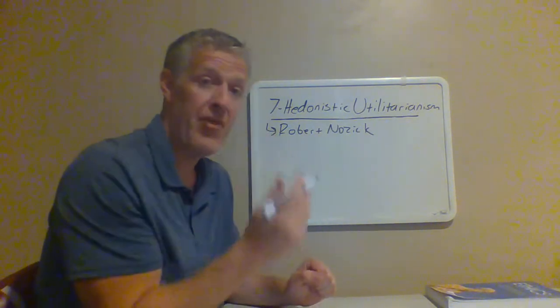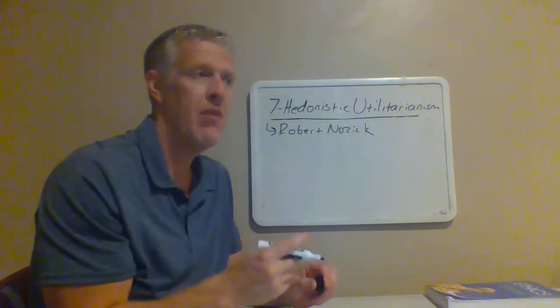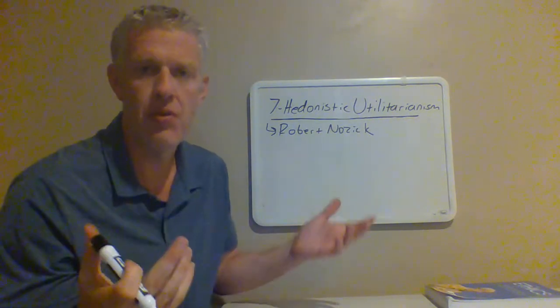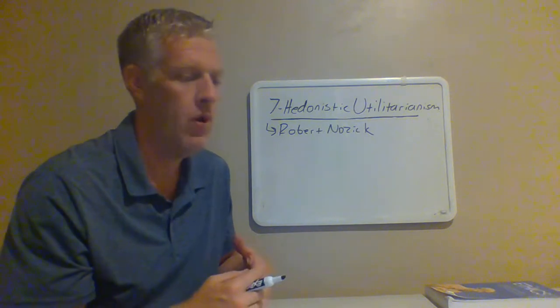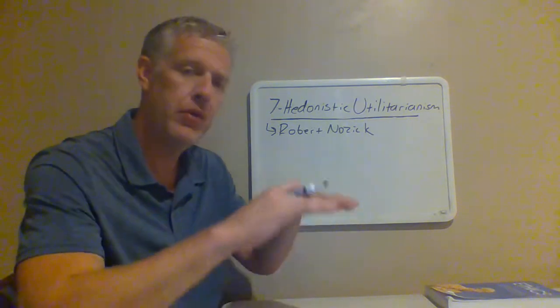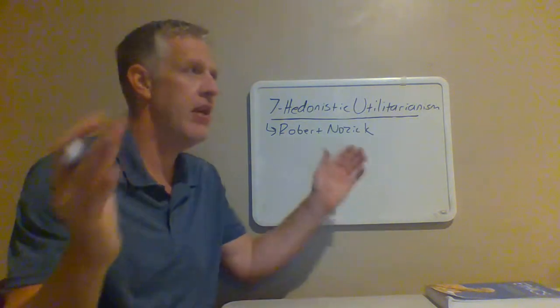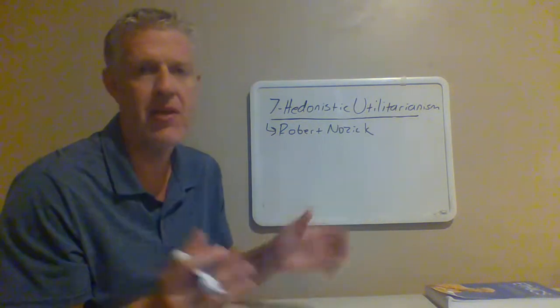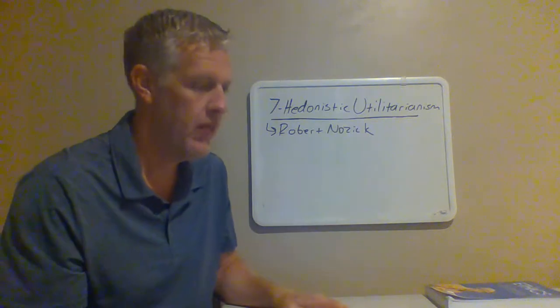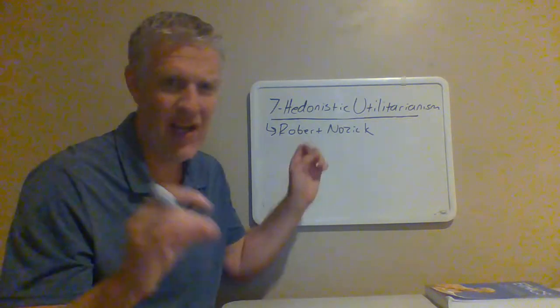He offered two hypothetical thought experiments that raise criticisms of the rough, crude formulation of utilitarianism that Bentham offered us. If all you're going to tell us, Bentham, is we ought to promote the greatest happiness for the greatest number, Nozick is going to say, I've got a couple of issues.